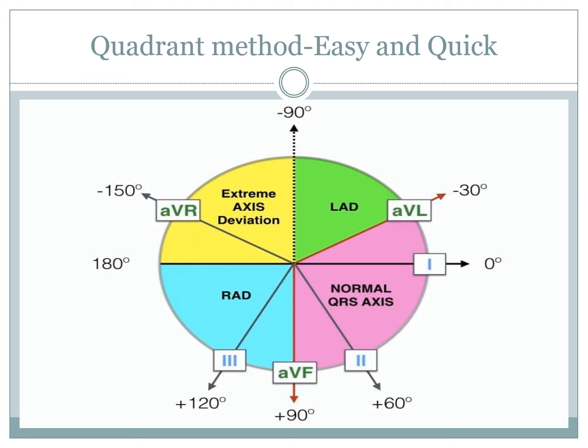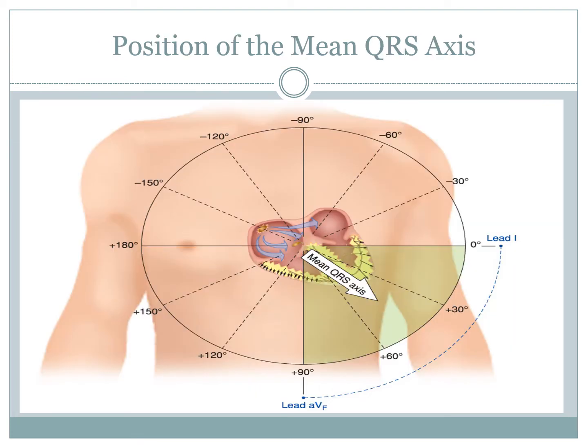So looking at the position of the mean QRS, and the reason why we choose two particular leads. If we imagine the exact same diagram that we've looked at, the one that is broken up into 30-degree segments all around the heart, the center of that diagram is designed to sit at the AV node.